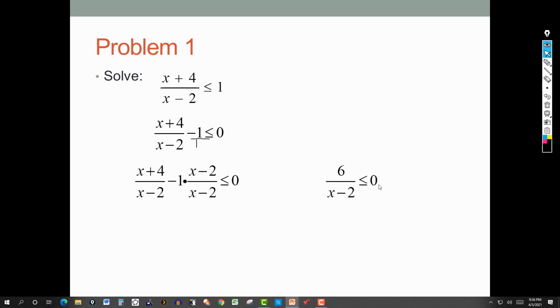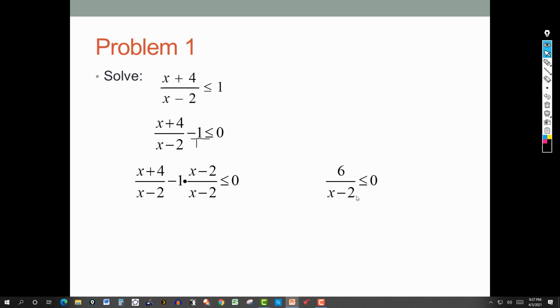So now, once you've made the left side into a single rational expression, the procedure is to find the number or numbers that make either the numerator 0 or the denominator 0. Since there's no x in the numerator, there's no way the 6 can be 0. But for the denominator, x minus 2 is 0 when x equals 2.